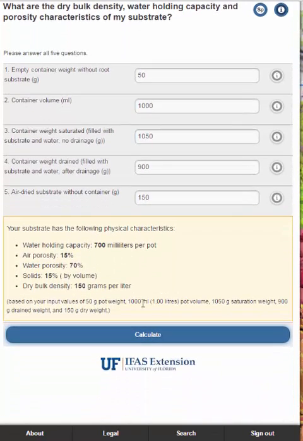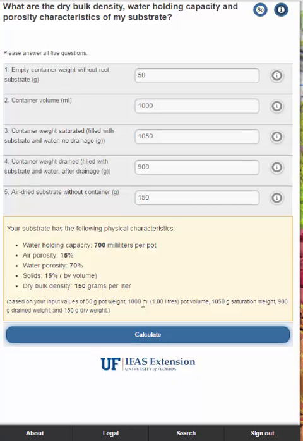Then in this case, we would have 700 milliliters of water being held by the container. We would have 15% air porosity, 70% water porosity, and the remaining volume would be 15%. The dry bulk density of the substrate would be 150 grams per liter. So just to review, how did we get those numbers?